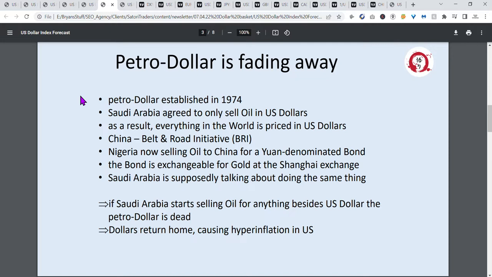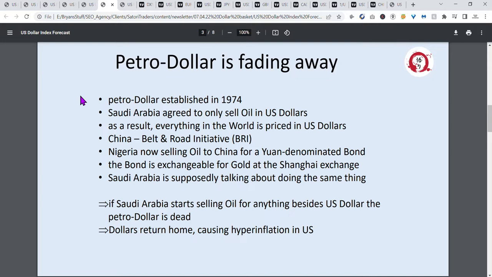The 1971 event threw the economic world into turmoil. That resolved in 1974 when the petrodollar was established. Well, now I believe that we're at another major transition point in the global economic system as it relates to the US dollar and all the other fiat currencies. A big factor in that change is the China Belt and Road Initiative.